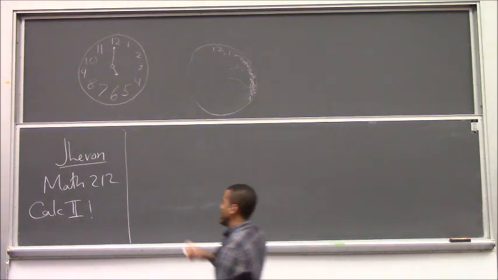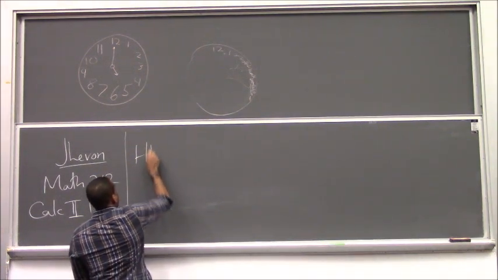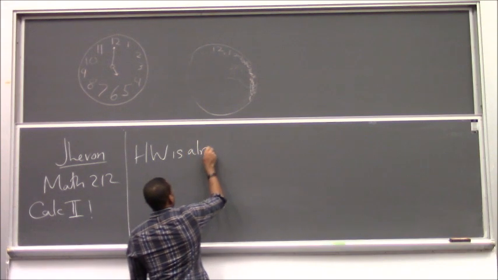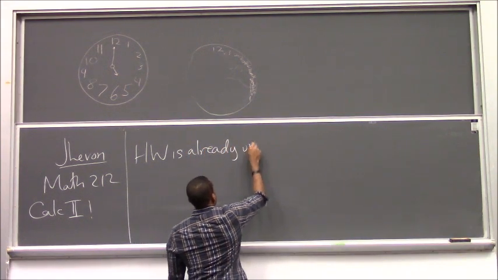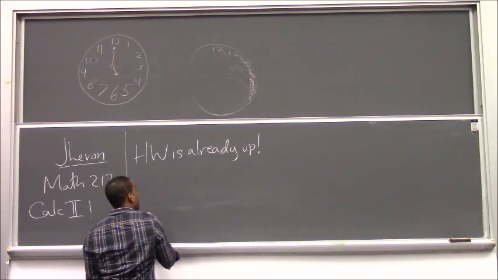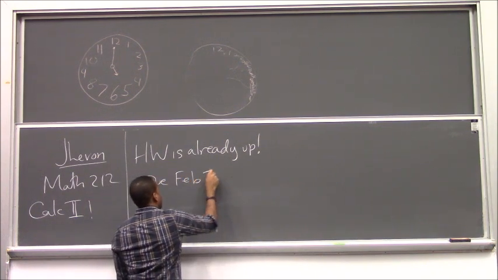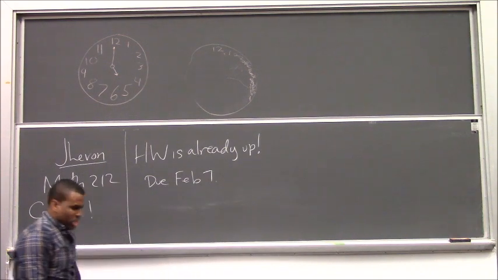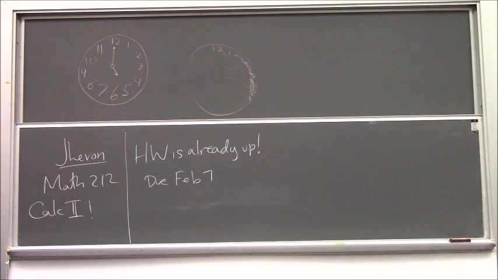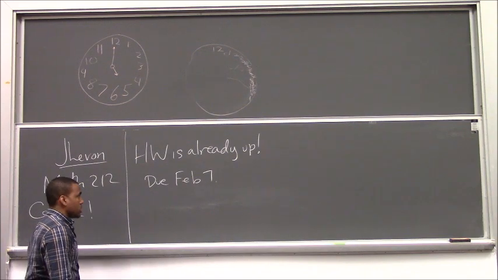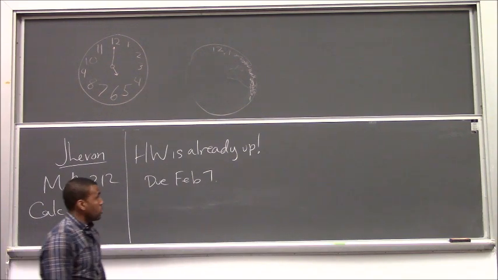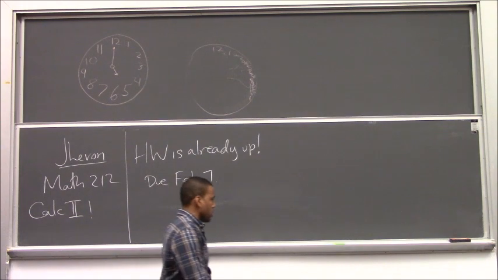Let me actually write that down. Homework is already up. So we have some homework sets due on February 7th. And it's mostly just review stuff, just reminding you some review from Calc 1, as well as the homework on the first couple sections. It's already posted, so you want to actually get access to the homework as soon as possible.